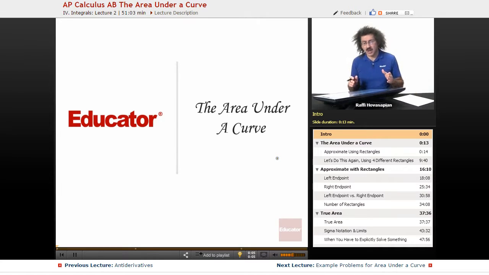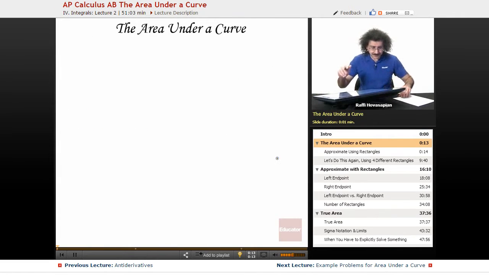So today we're going to talk about the problem of finding the area under a curve from one point to another. Let's jump right on in.